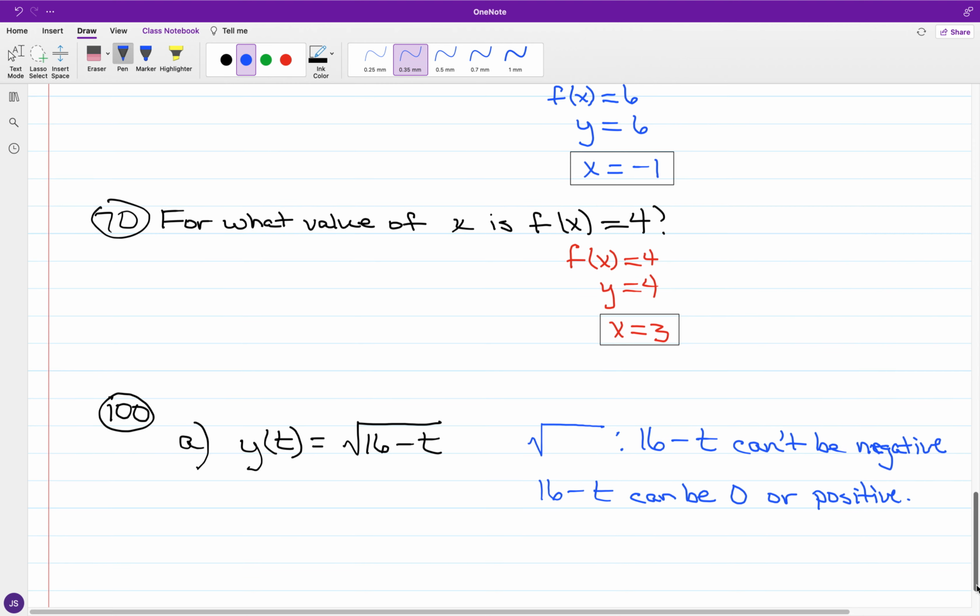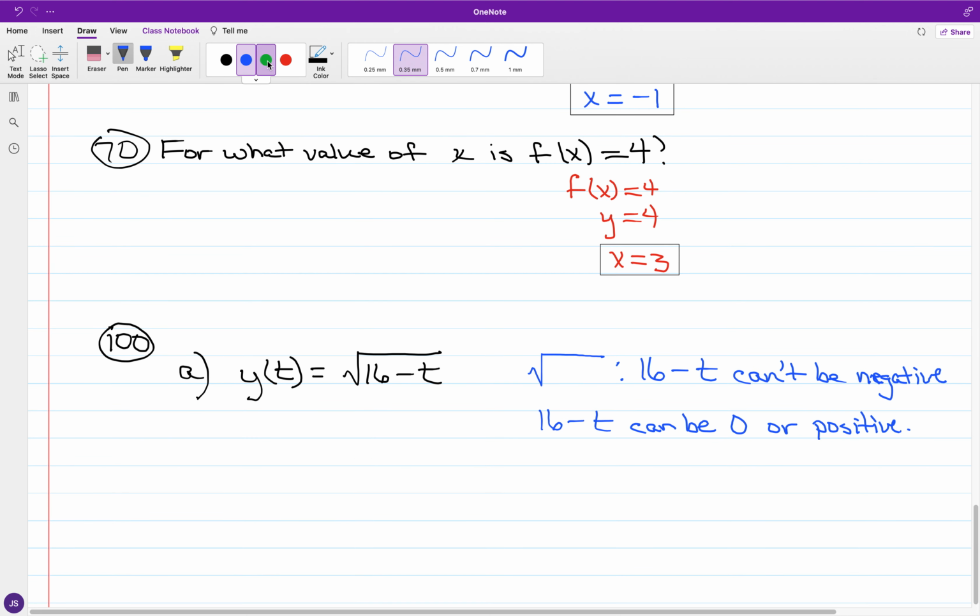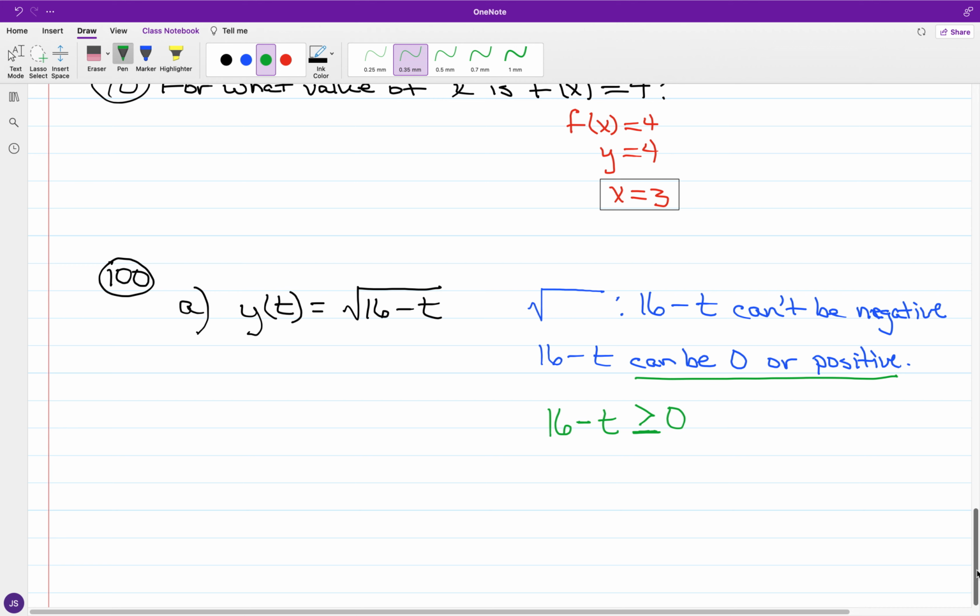So for what we have here, 16 minus t cannot be negative, but it can be 0 or positive. So if I were to set up an inequality concerning 16 minus t, it can be equal to 0, and when it is positive, it will be greater than 0. So the initial inequality we have is 16 minus t is greater than or equal to 0.